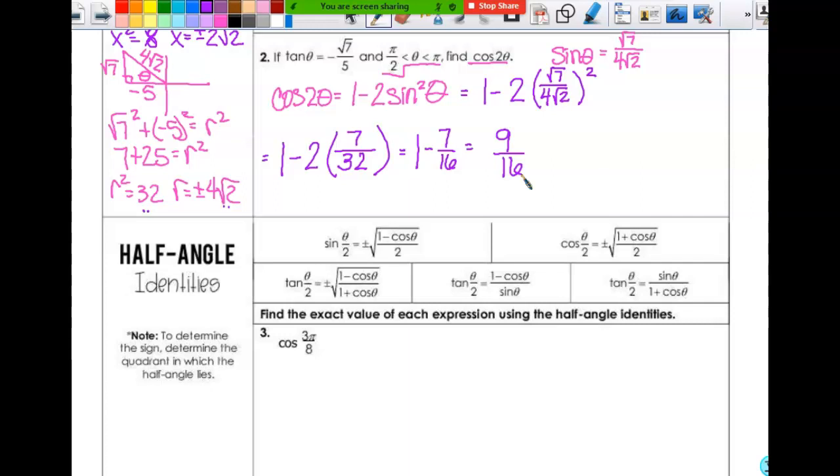The answer is no. But the reason I asked that question is because sometimes when you're reducing, you get weird things like 3/4, because you took the square root of numerator and denominator, right? Is that a legal way to simplify fractions? No. But again, sometimes just weird things happen, so make sure it's not happening to you. That's it, and that is cosine of 2 theta, and you're done.